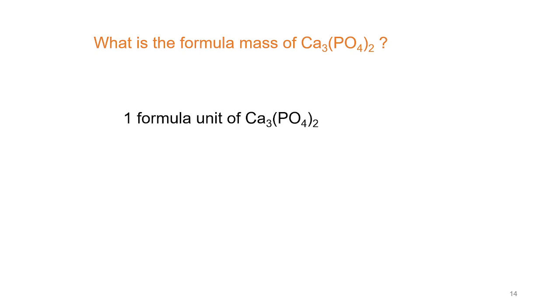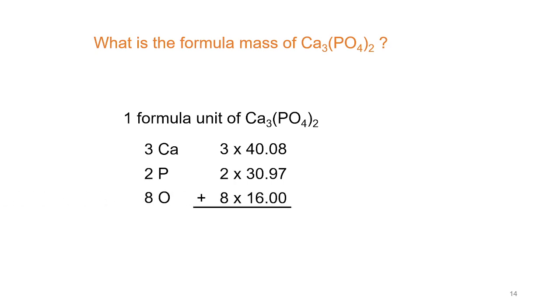So we just need to calculate for one formula unit of our calcium phosphate, wherein we have here 3 calcium and we have 2 phosphorus. Also, we have 8 oxygen. Sir, the ionic formula only has P and only has O4.